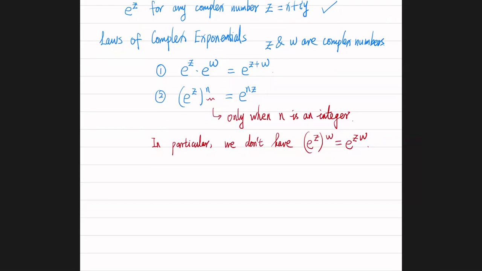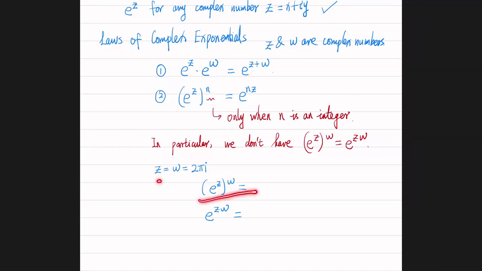Okay, let's consider a special case when both z and w are 2πi. See what happens. I'll give you a few minutes to figure this out.